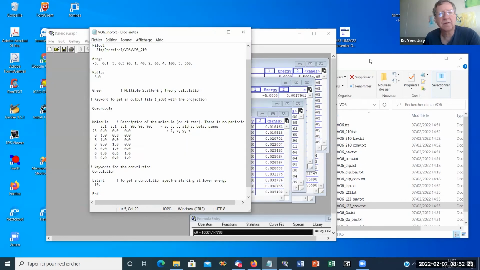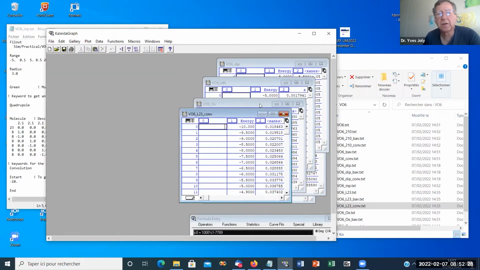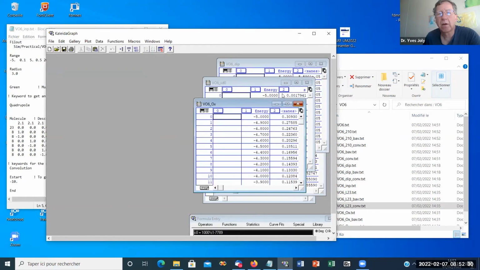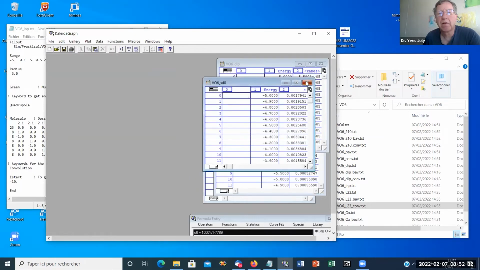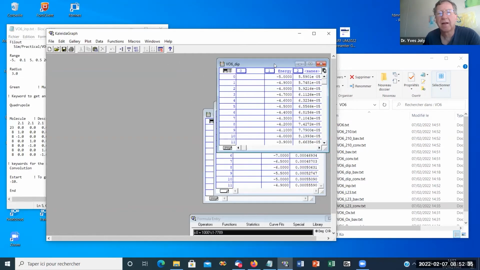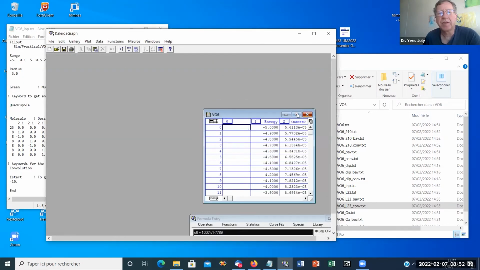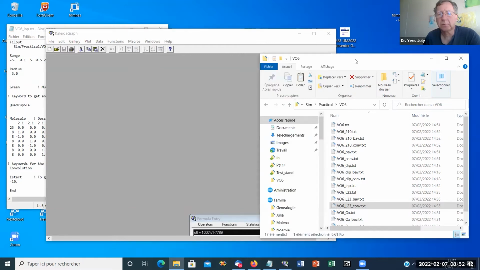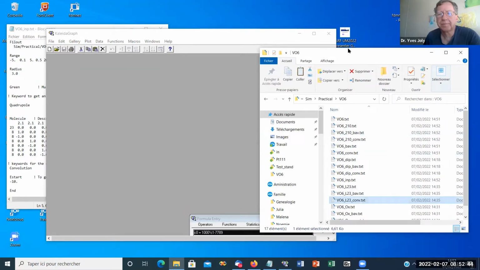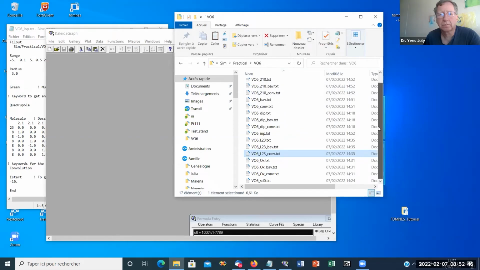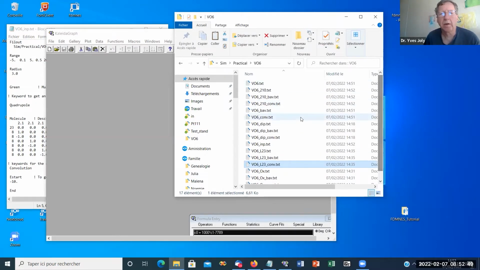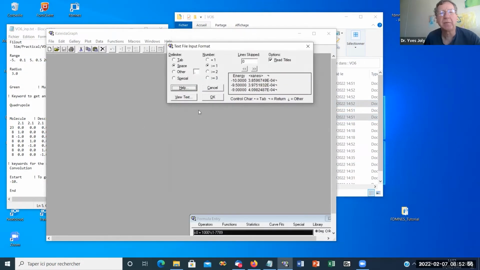And now we go to plot. I have too much things. Both calculations. So I go to plot the convoluted one because I'm not interested by the details.